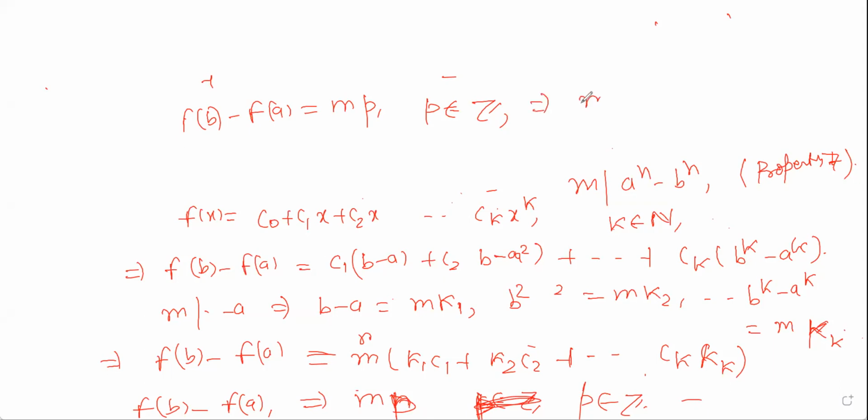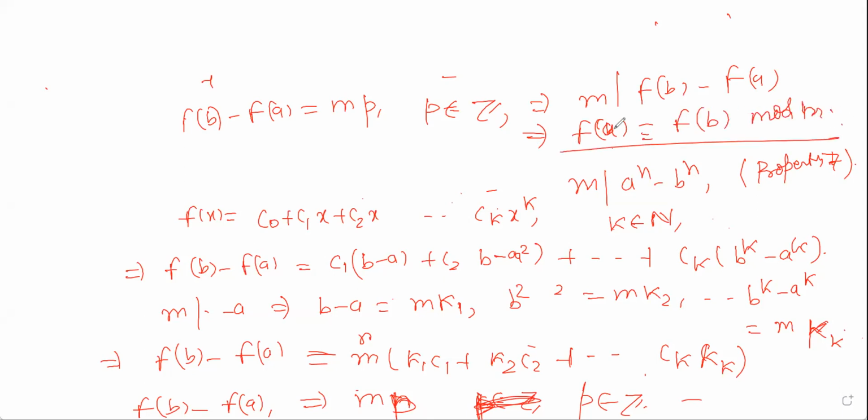Therefore, m divides f(b) minus f(a), and this can be written as f(a) is congruent to f(b) modulo m.